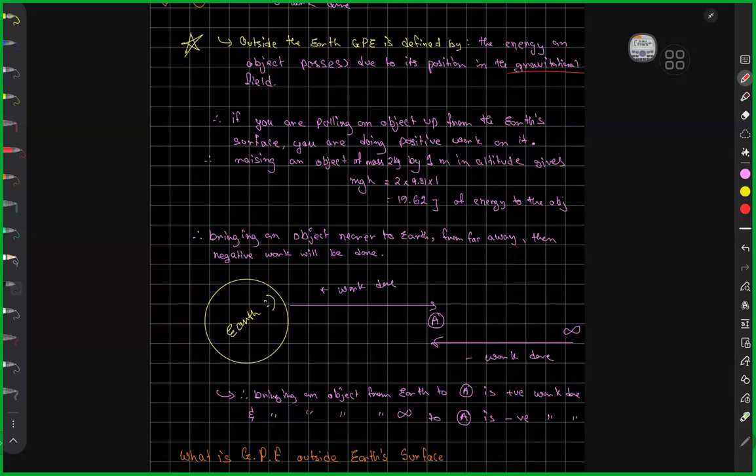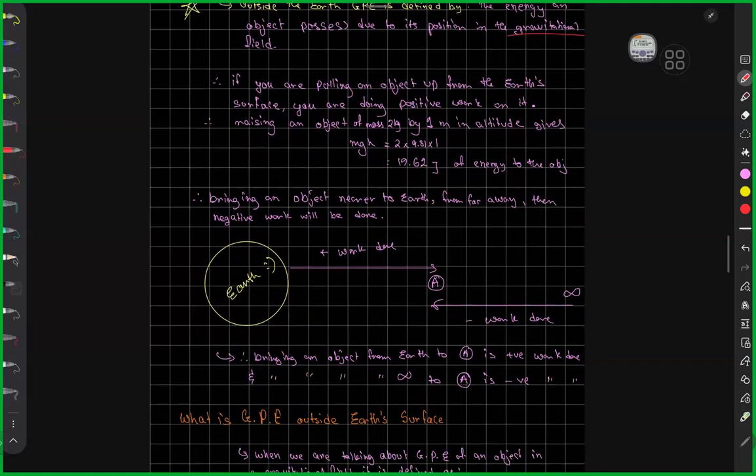The sign. If I have an object A over here, and I push this object and take it to infinity, what happens? Does this same object at infinity feel any force? Away from Earth, at infinity, the gravitational field of Earth does not exist.